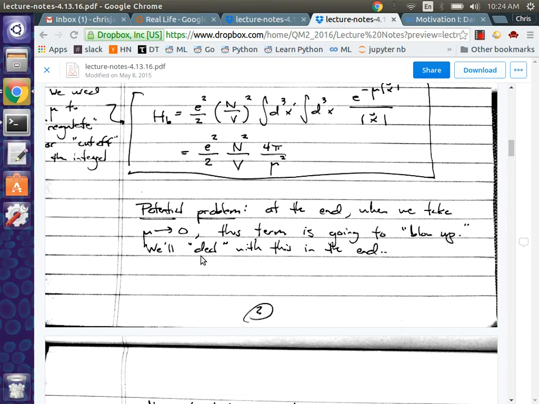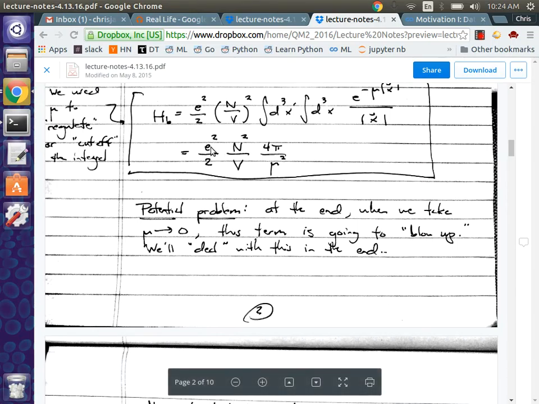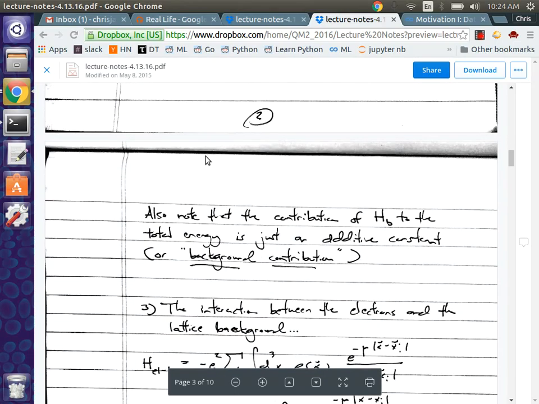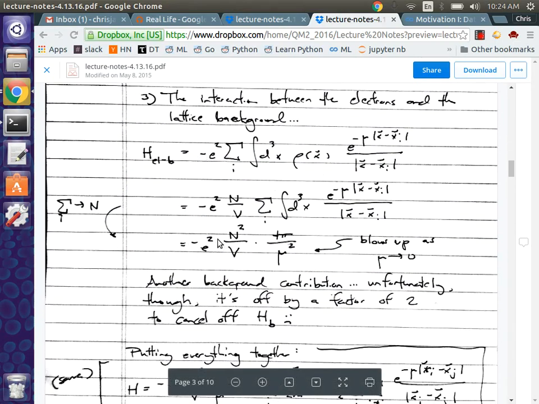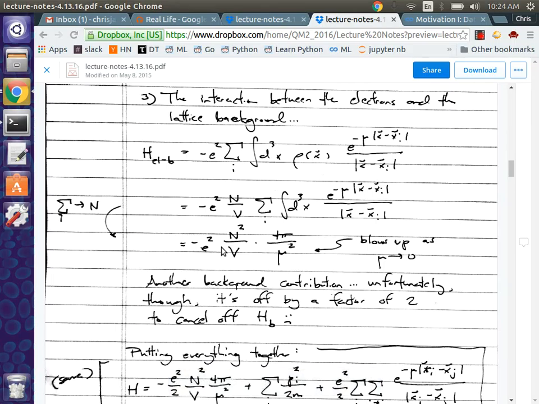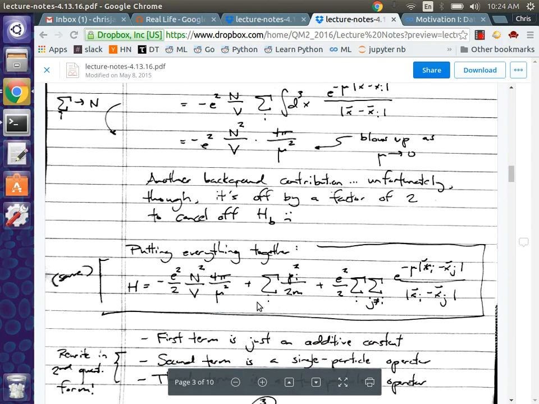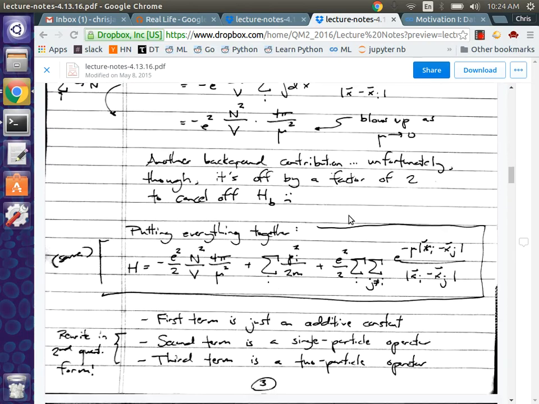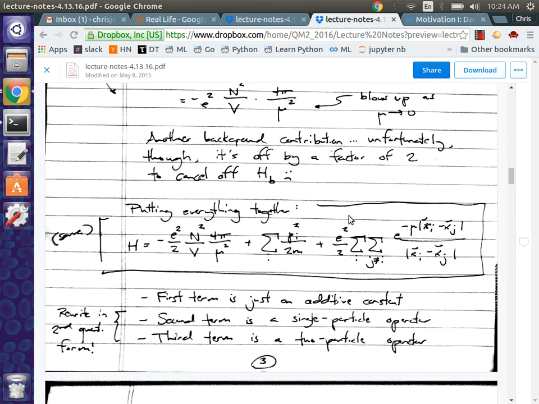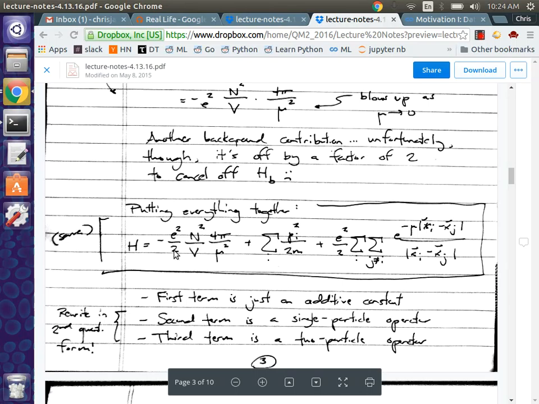But it turns out there's a factor of 2 here that we don't have in the other term. So even though they have opposite signs, they differ by a factor of 2, and so they don't cancel. We still have this divergence problem.